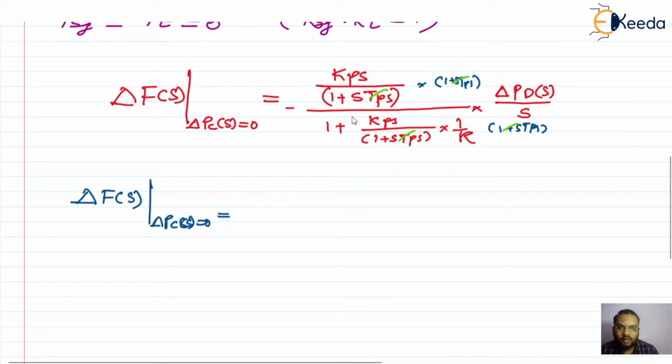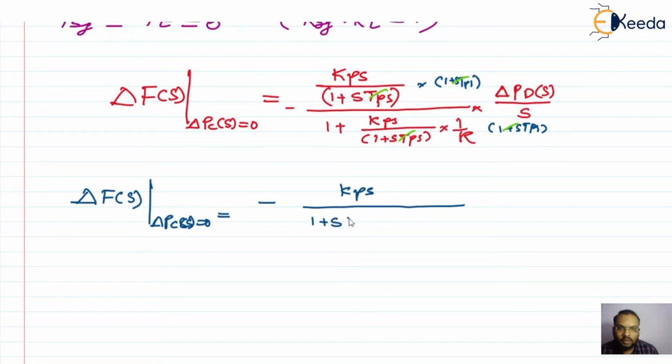So the numerator will have minus KPS, and the denominator will have 1 plus s TPS, plus this term KPS divided by R, and on this side of course we have delta PD of s upon s.